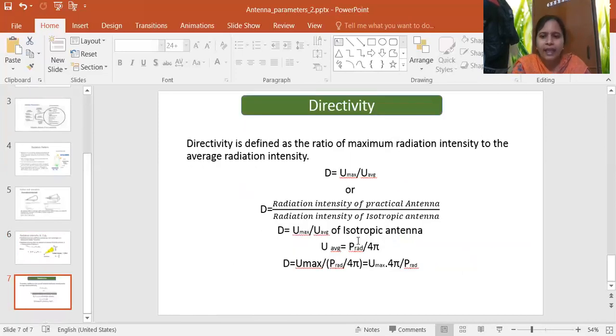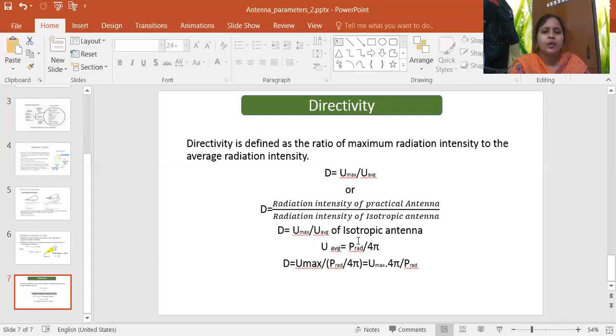Then how to calculate directivity? Directivity is defined as the ratio of maximum radiation intensity to the average radiation intensity. D is equal to U max by U average. D can also be calculated as radiation intensity of a particular antenna by radiation intensity of an isotropic antenna.